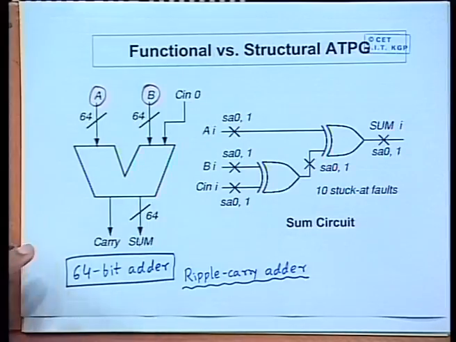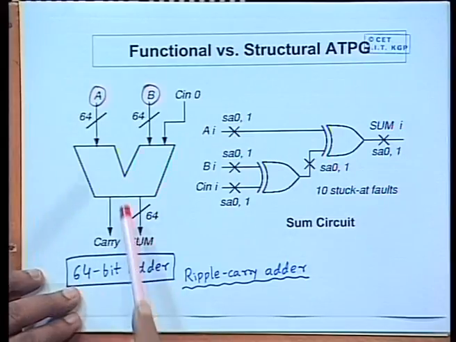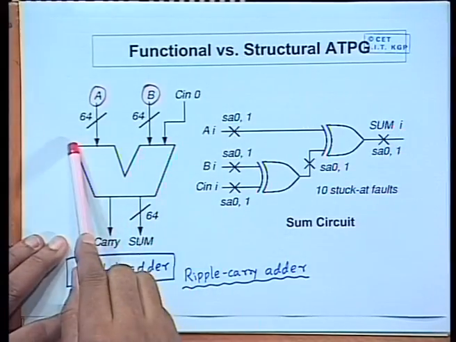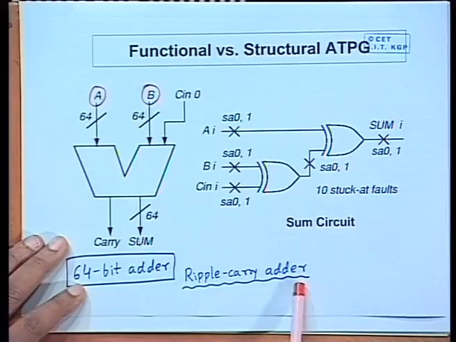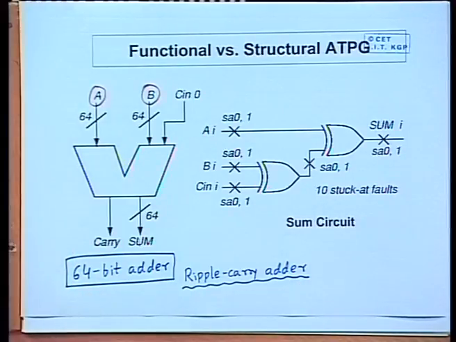Now, we also consider the other alternative, that instead of treating it as a black box, we consider it as a ripple carry adder, where there will be 64 full adders connected in cascade, and each full adder will have a sum circuit and a carry circuit. So, there will be 64 such blocks, and we can have a gate level netlist for each of those blocks. This is the other alternative we can explore.